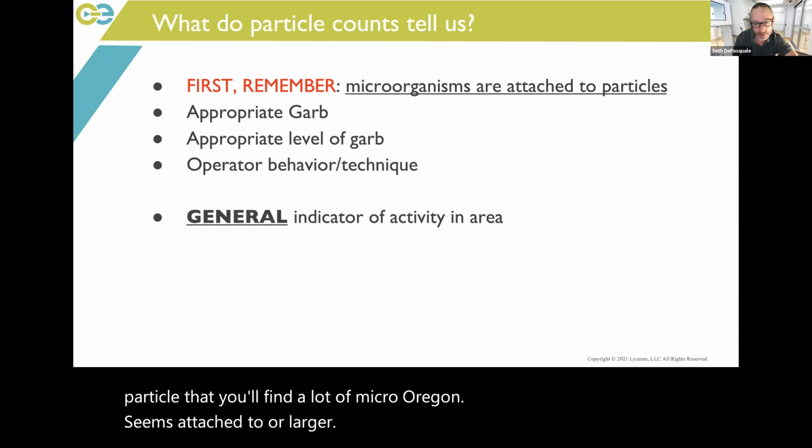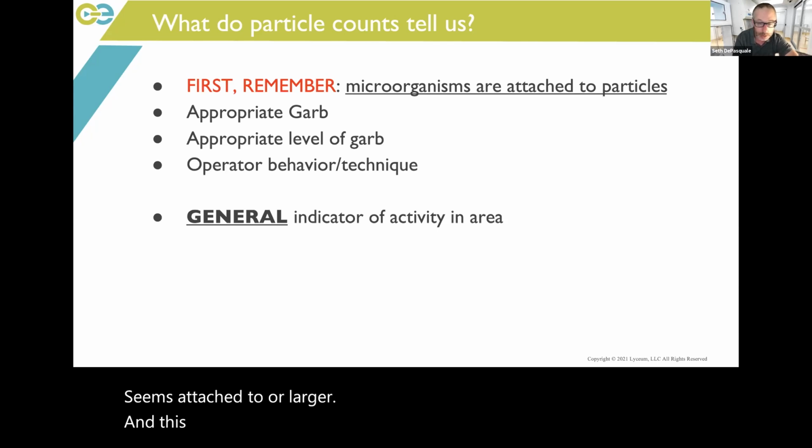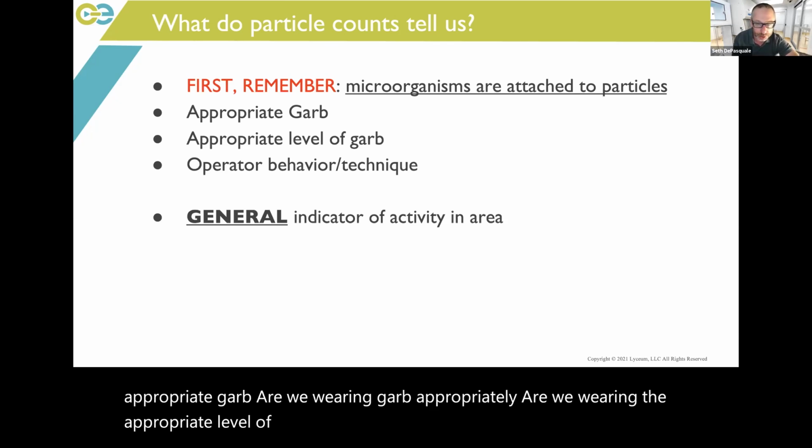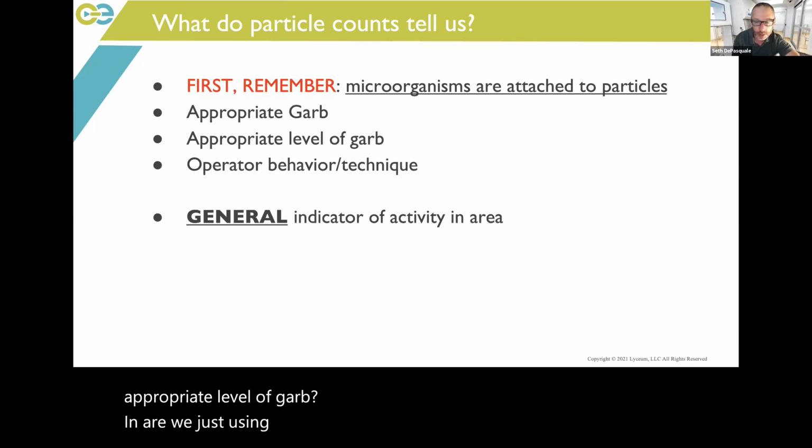And this can tell you one of several things. Are we wearing the appropriate garb? Are we wearing garb appropriately? Are we wearing the appropriate level of garb? Are we just using a non-sterile gown versus 100% covered up, no skin whatsoever exposed? And then it'll also give you an idea of operator behavior and technique.